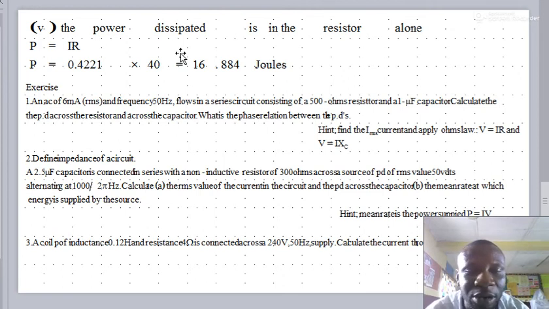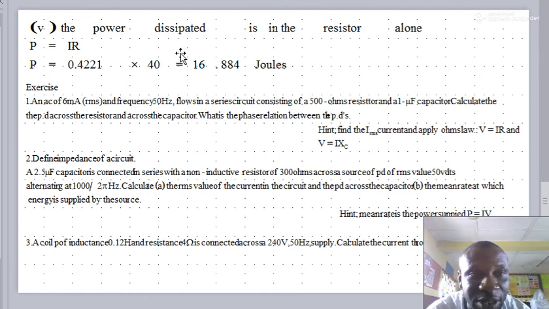And the power dissipated is the energy spent in the circuit in form of heat. That energy is usually expended in the resistor, not the capacitor or the inductor, because they are not pure resistance. The only component that provides pure resistance is the resistor.